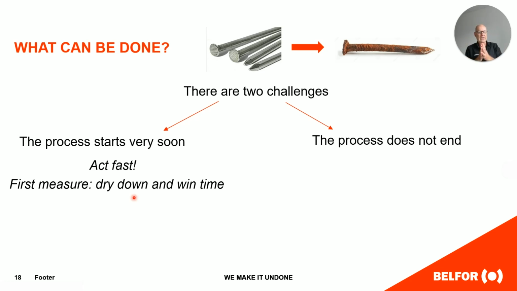This drying process is something that companies like BELFOR can do. And the drying process is something that is not dramatic. It's not so complicated. It can start soon. It can start quickly. It does not solve the problem, but it helps you to win time. It slows the process.